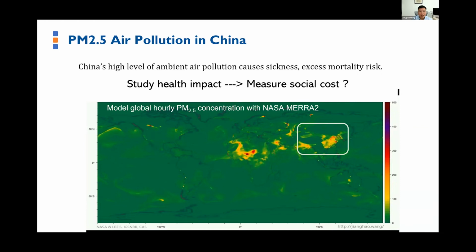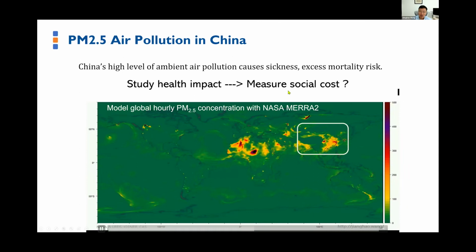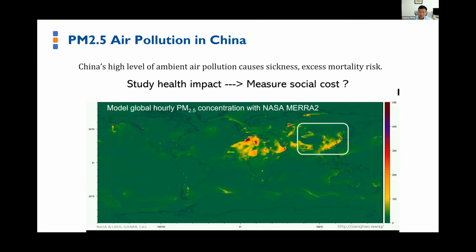Most current studies are concerned with the air pollution effect on health. But the air pollution effect on society, especially people's daily happiness or subjective well-being, is unknown.